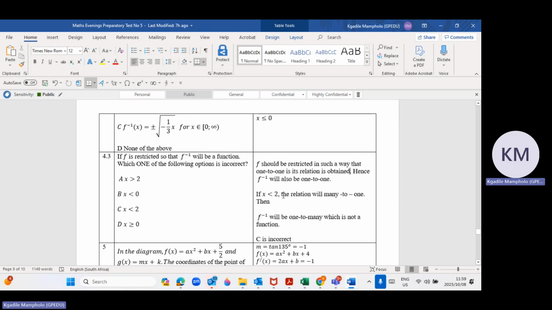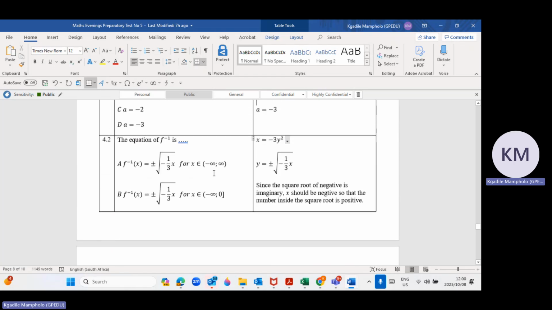So now, if we cut this graph at the turning point, if x is less than 2, if we make x to be less than 2, the relation will be... So here the question says, if f is restricted so that f to the power negative 1 will be a function, which one of the following is incorrect? Let's check.